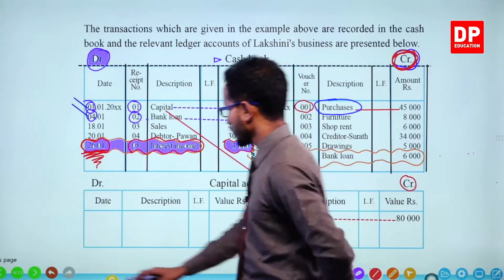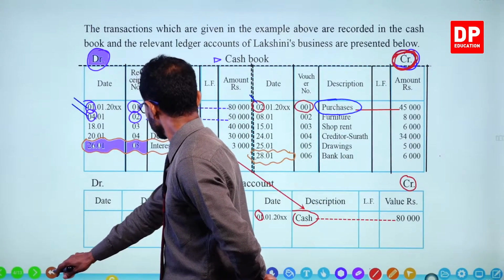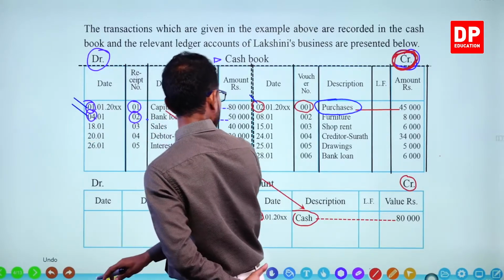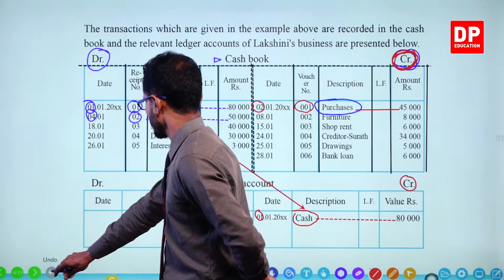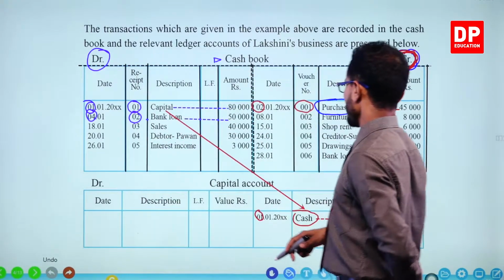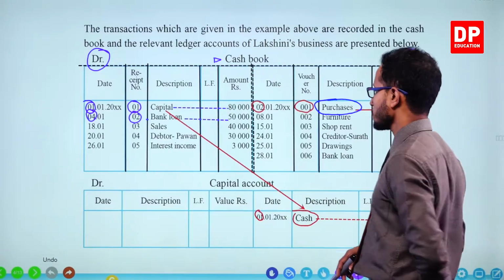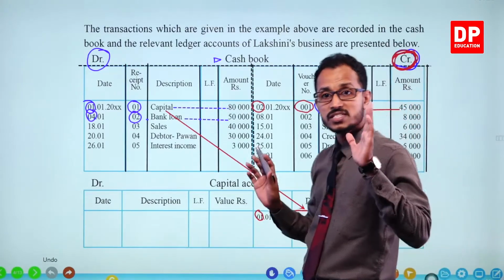Okay. Let's clear out all the drawings, and we'll balance this cash book.